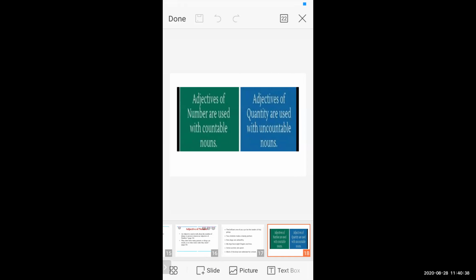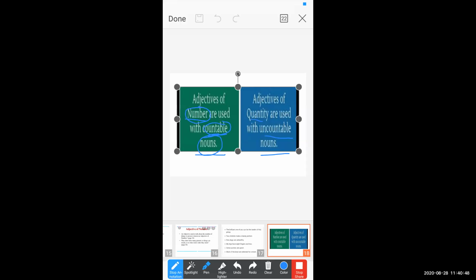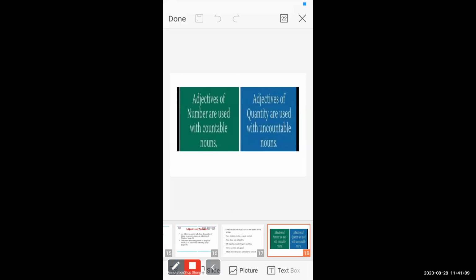Who can count the rice? It's not an easy task. So that is an uncountable noun. So the word "some" here is an adjective of quantity. Understood everyone? Okay. So where you can see a countable noun, that kind of word comes under the adjective of number, and where you can see uncountable nouns, that comes under the adjective of quantity.